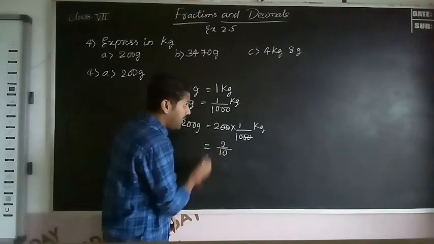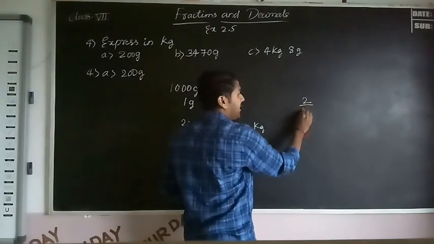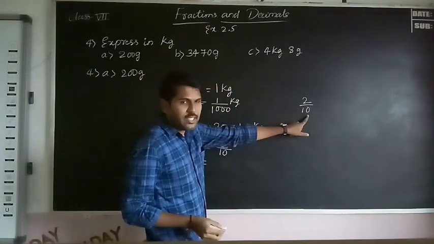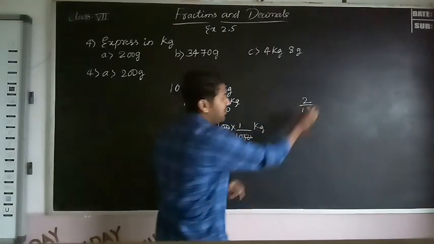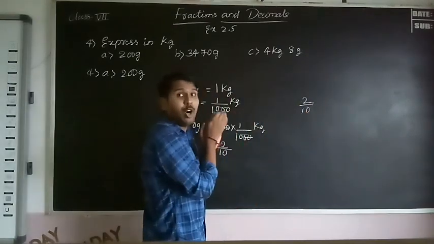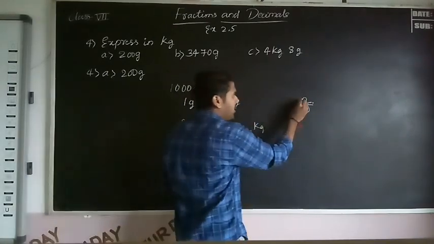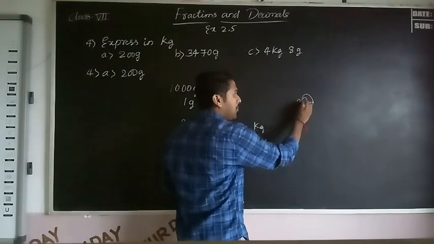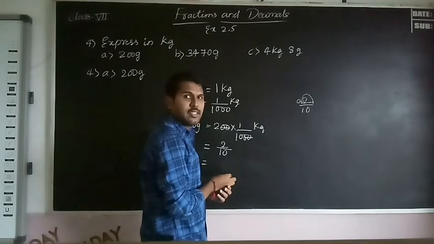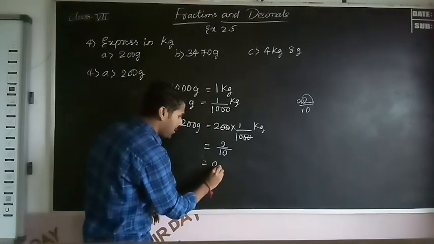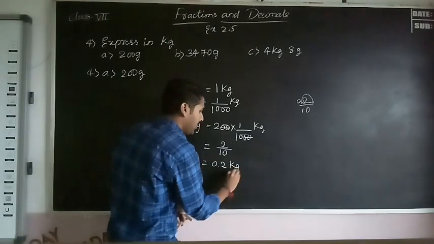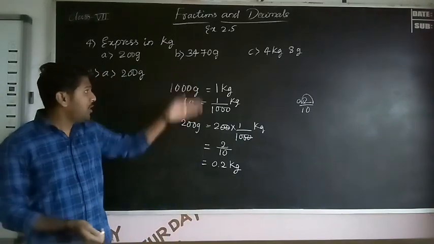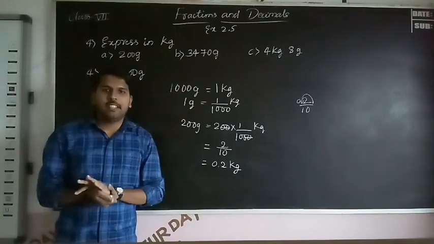Here 2 by 10 is there, so we have to shift the decimal point to the left side by 1 digit, taking an extra 0 and shifting by 1 place. So the answer is 0.2 kg. This is the way of converting gram to kg.